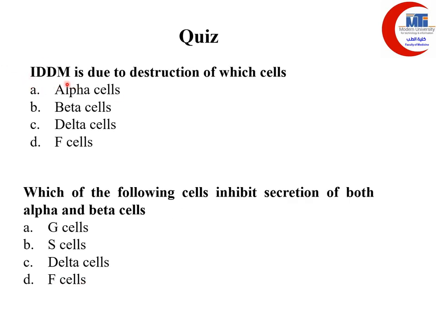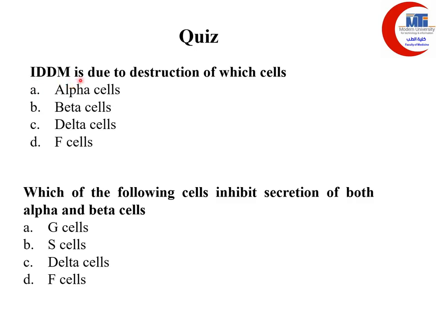Insulin-dependent diabetes mellitus is due to destruction of which cells? Insulin-dependent, which is called type 1 diabetes or juvenile diabetes, occurs due to destruction of the cells that secrete insulin hormone.